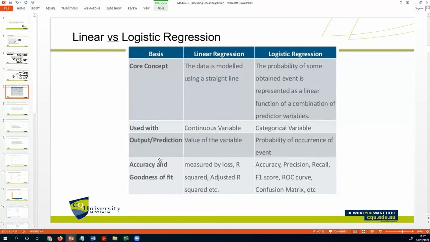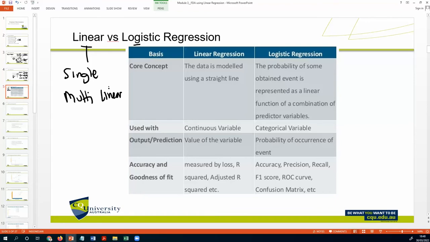Within the types of regression, there are linear and logistic regression. Actually there are 5 types, but the two most popular are linear regression and logistic regression. Linear has single linear regression and also multilinear regression.